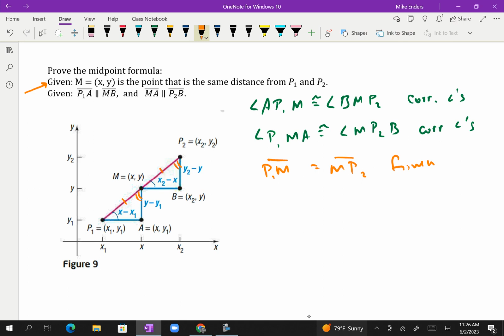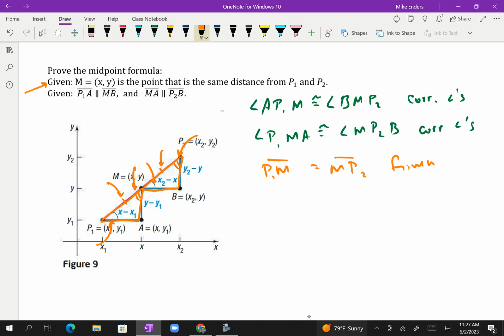Then if we take a look at these triangles here, I've got this triangle, and this triangle up here. What we have is an angle, a side, and an angle. So we have this angle here, that side, and then the angle. Then we have a corresponding angle, the side, and another angle.